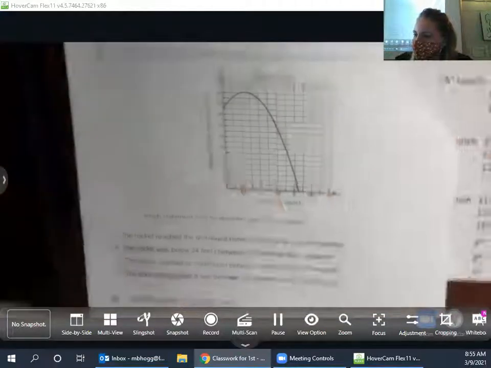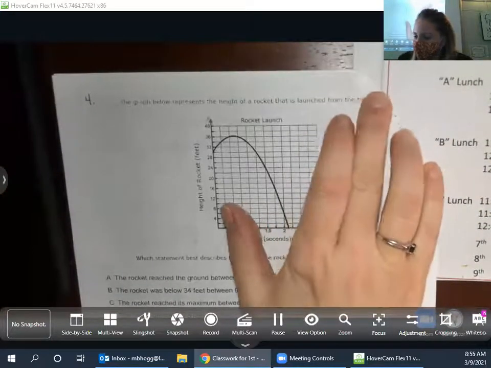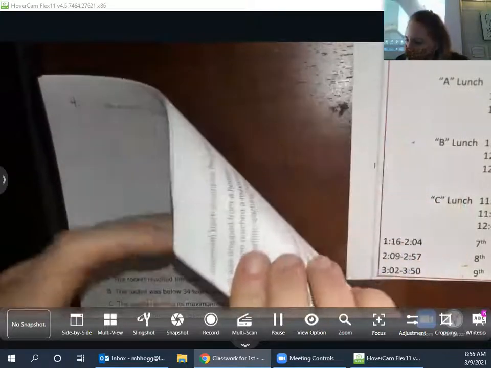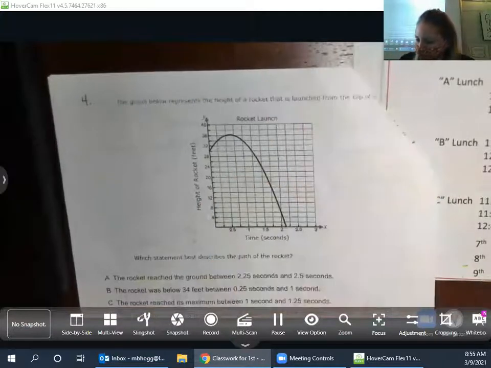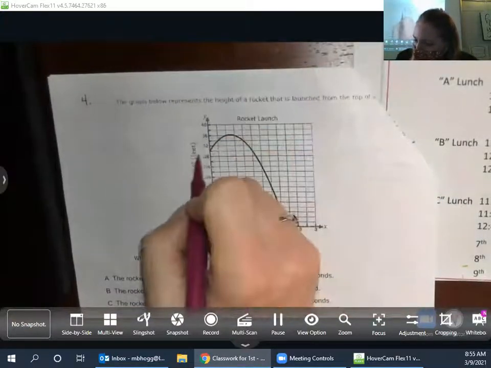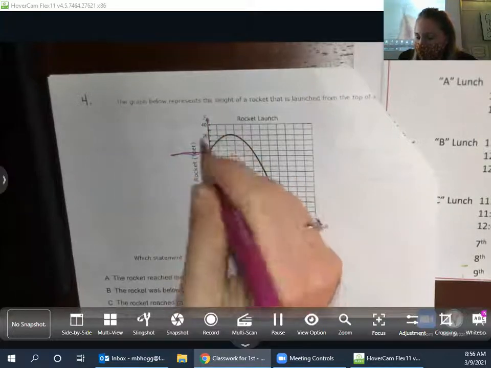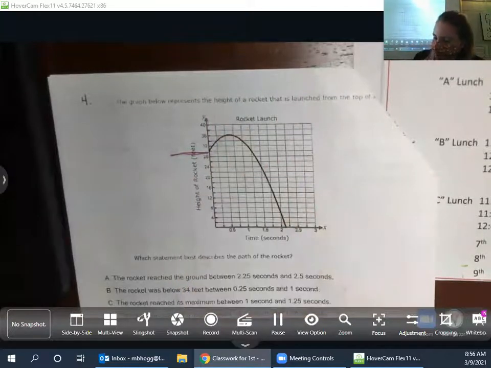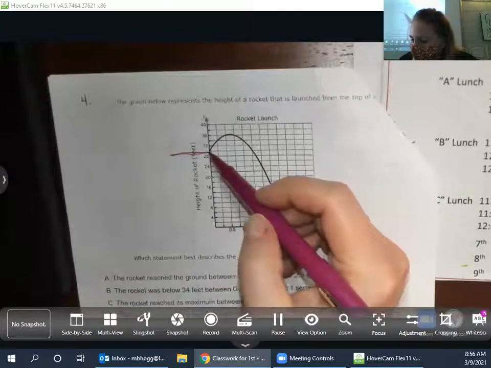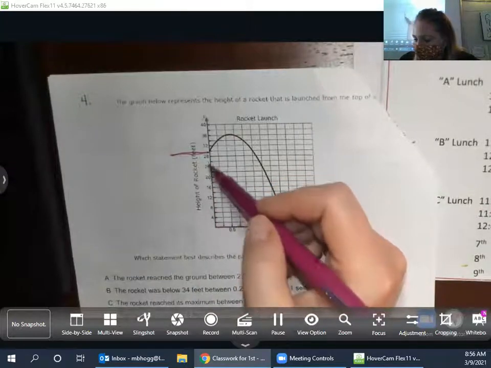Okay. Number 4, the graph below represents the height of the rocket that's launched from the top of a platform, I'm guessing. All right, so I'm going to just kind of make a note here. When you first look at a graph, you always should train yourself to think, what are the values of each of the lines?